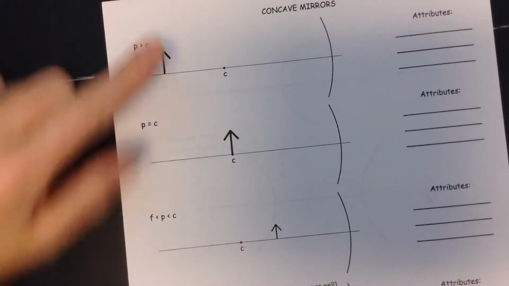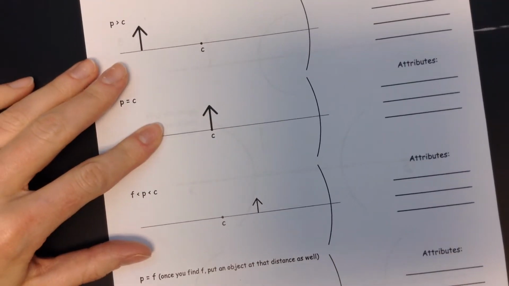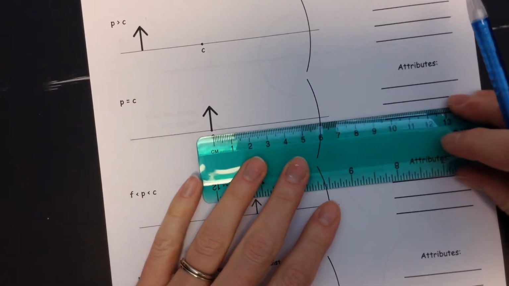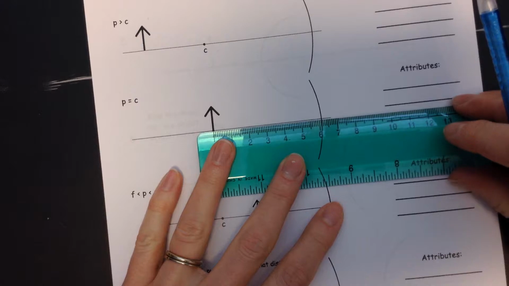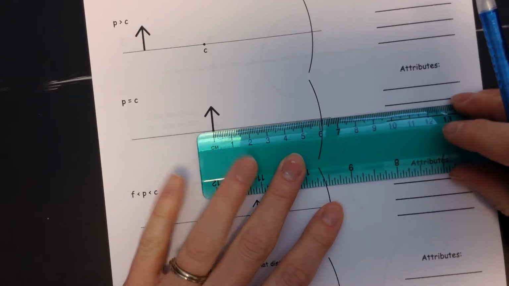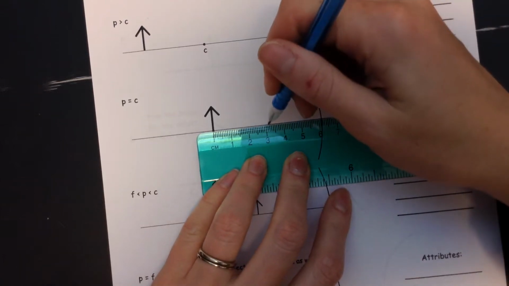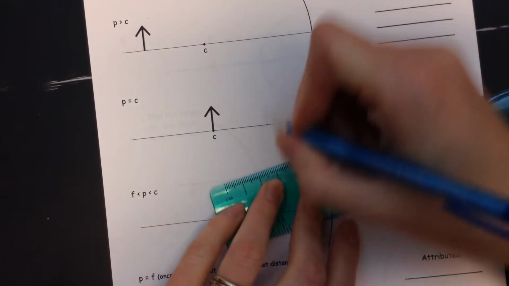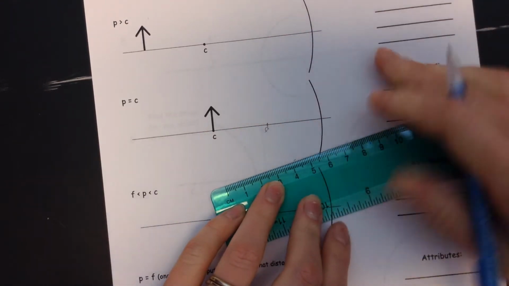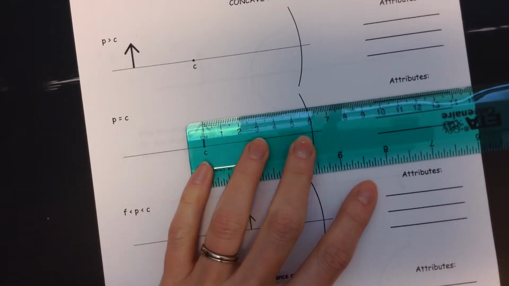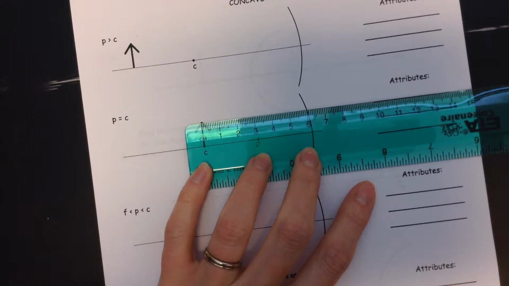We did this one here. This one is an interesting thing. We need to, what's the word, draw on some focal points. So that's like 6.15, so that's like 3.75, so maybe like right there. Okay. So there's my focal point. All right, so my object is at the center of curvature here. That's what's going on.